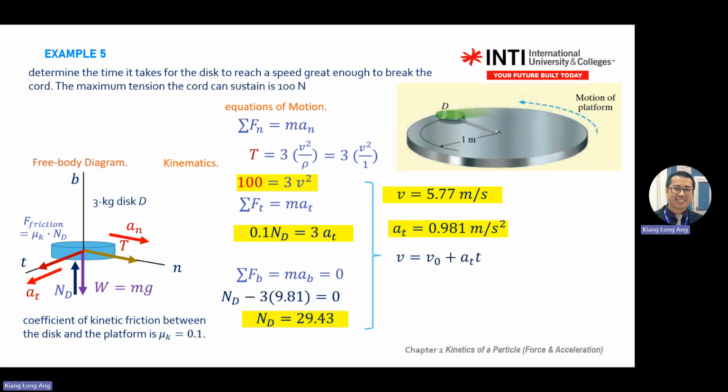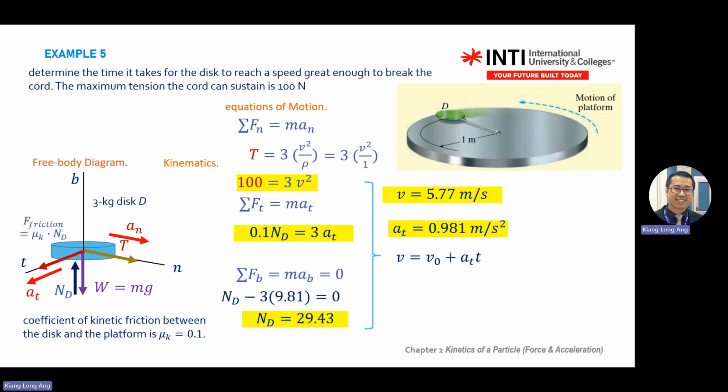Okay, now in this case, in the t direction, because your acceleration is a constant value, you don't have any t equation or any s equation, so you can use the three Newton motion equations.